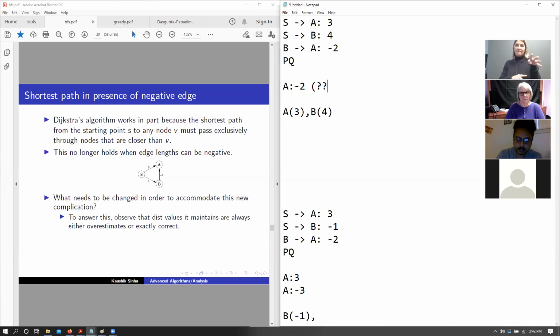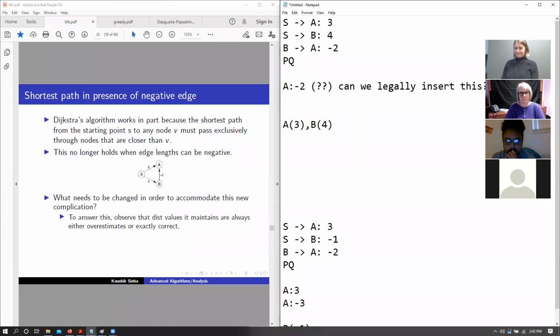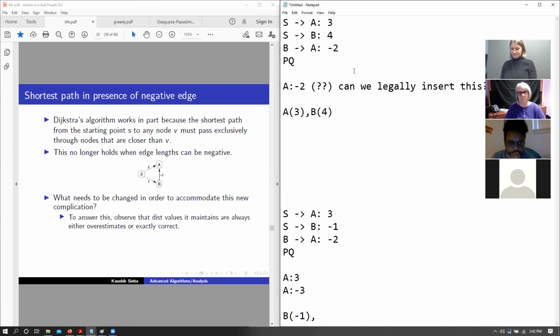Now, can we insert this particular vertex into this priority queue? Yes or no? To insert something in the priority queue, you check that that node has not yet been visited, correct? Exactly.